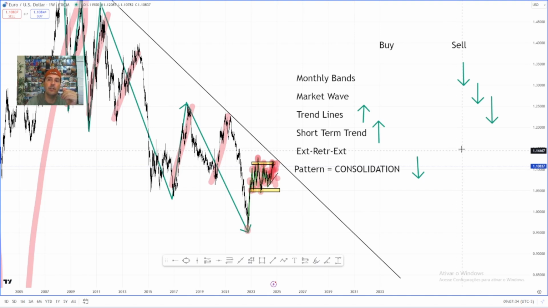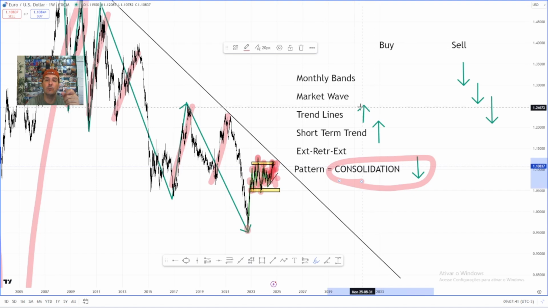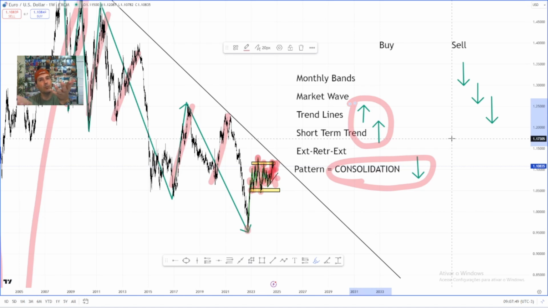Now from the weekly, we have 1, 2, 3 long-term sell plus 1 short-term sell, and we have 2 short-term longs. So you can have an understanding of where the balance is gravitating, right? Again, there is no right or wrong. It's a different probability. You can buy, you can sell, but going long or buy has a different probability today compared to going short. Does this make sense? It's a different probability.